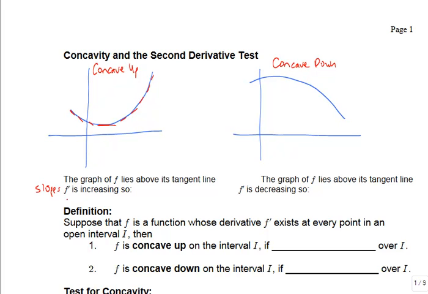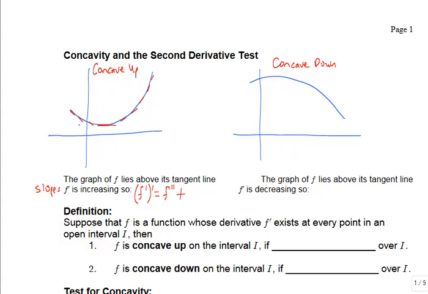And if a function is increasing, that means its derivative is positive. So if f prime represents these slopes and those slopes are increasing, then the derivative of those slopes, the derivative of those derivatives, which is actually the second derivative, needs to be positive.